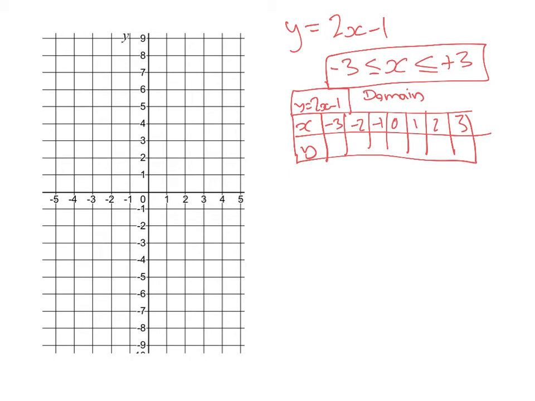And to calculate them, well, we simply take the x value for each here and we put it into the equation. We do the calculation and see what the y value is. Now, if you're not very comfortable with doing negatives, okay, -3, -2, -1, then what I recommend is you start at 0 and do the positives first, okay? So let's say we're going to start at x is 0.